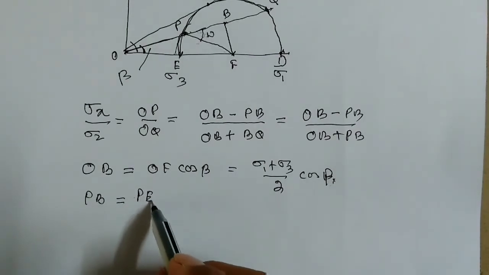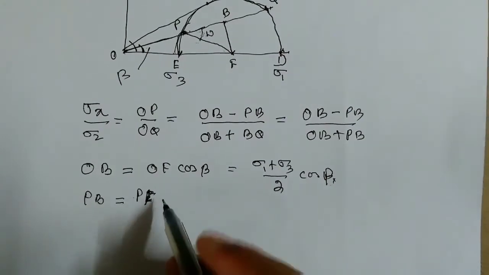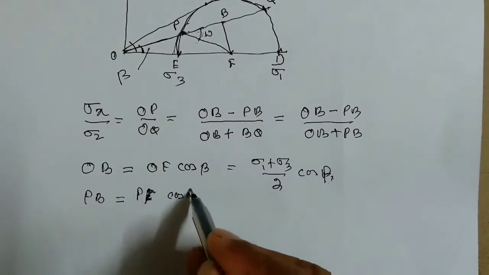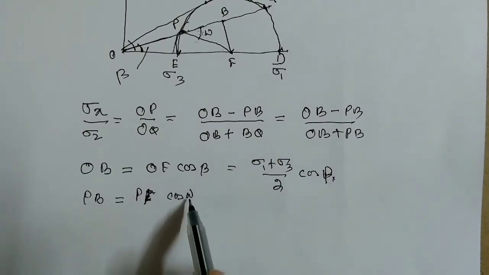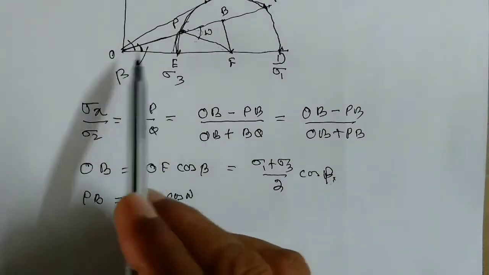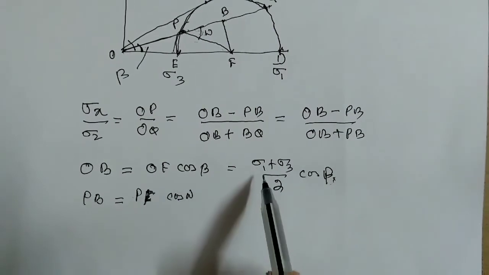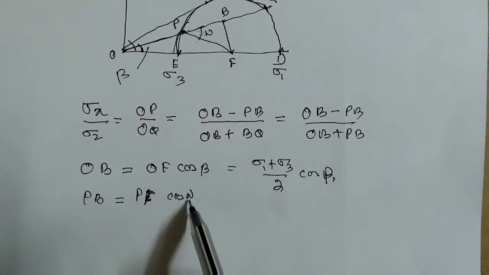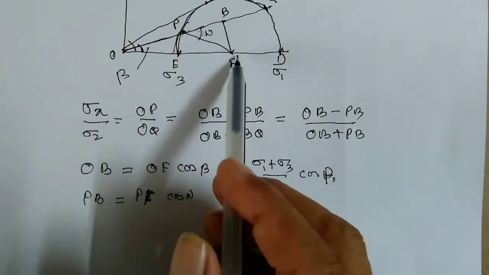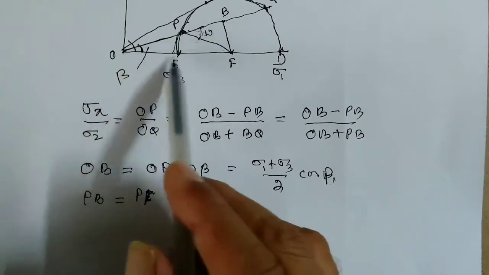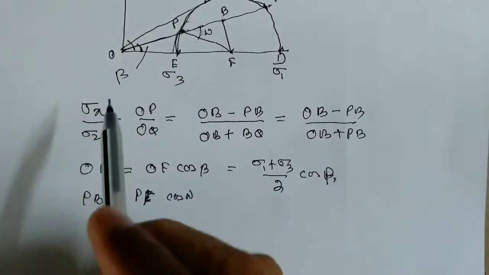So we can write PB as PF cos omega. Now the problem is we have to write PF and cos omega in terms of known quantities. Omega has to be written in terms of known angles like beta and phi, and PF will be in terms of stresses like sigma 1 and sigma 3. To find omega, we see PF sin omega is equal to BF, and OF sin beta is also equal to BF.